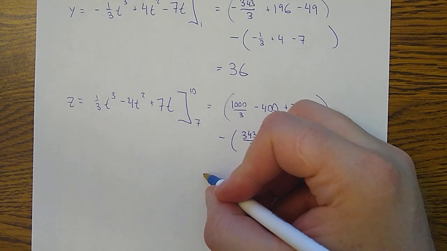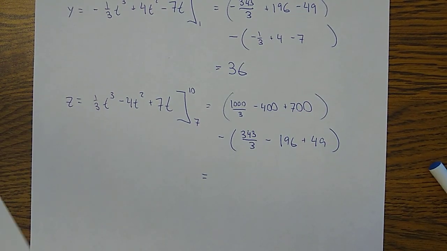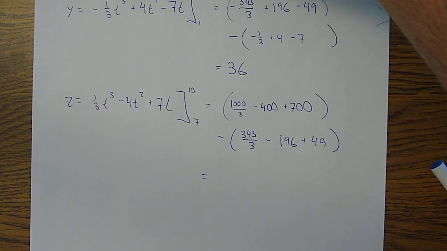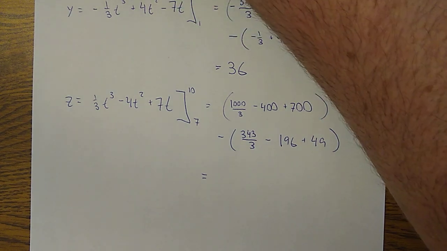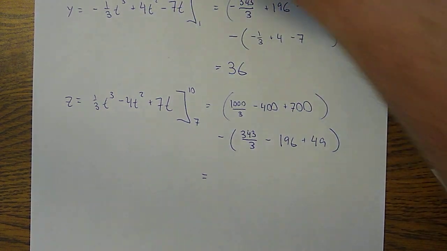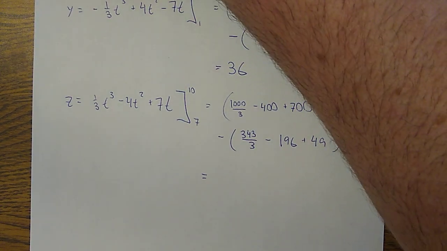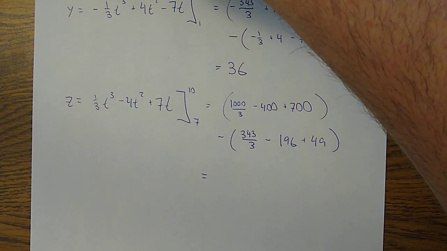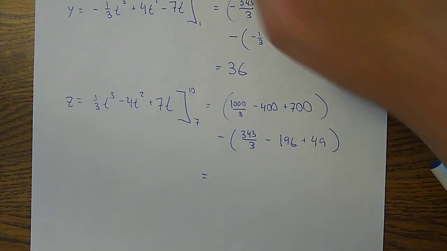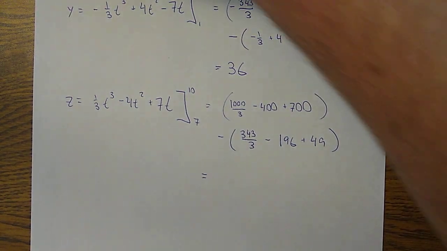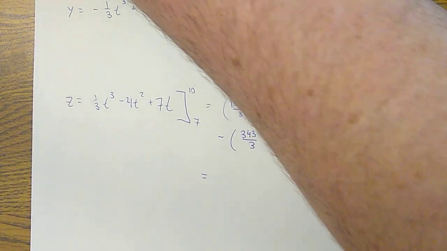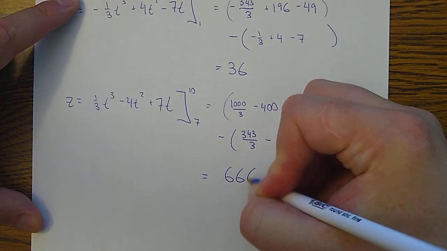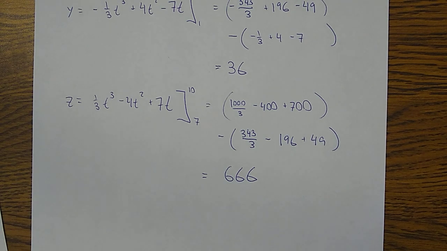And then this is whatever it is. 1,000 thirds. I can do some of this in my head. Plus 300, and then I'm going to subtract all of this, and this is 343 over 3 minus 196 plus 49. Oh, I didn't do that on purpose. That was 666, apparently.